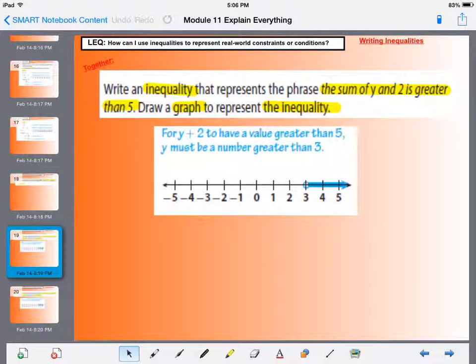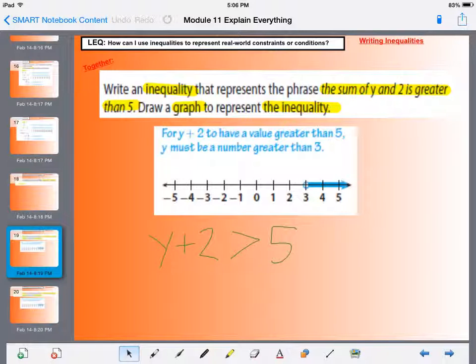For this slide, we have to write an inequality that represents the phrase, the sum of y and 2 is greater than 5. So we're going to start there. We're going to start by writing the inequality that shows the sum of y, sum means plus, so the sum of y and 2 is greater than 5.